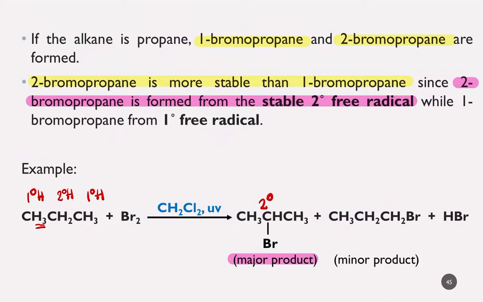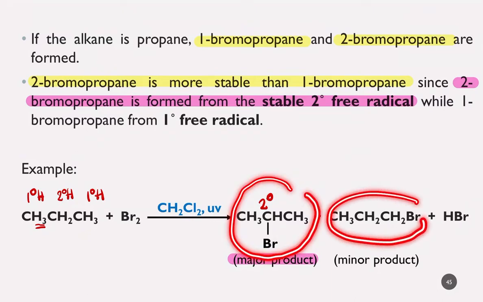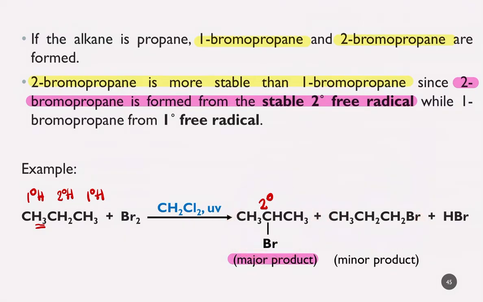So the more stable one, your 2-bromopropane, your major product, is formed in larger amounts because it is more stable. This one is the minor product, there is less of it because it is formed from a primary free radical. So you will form less of it.